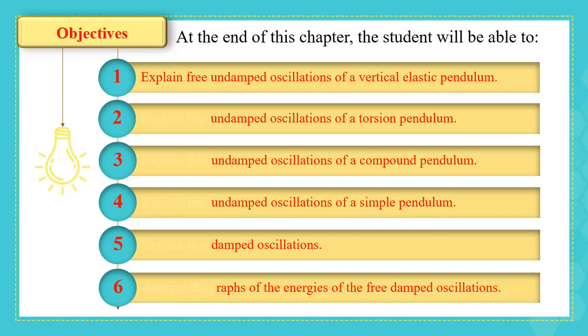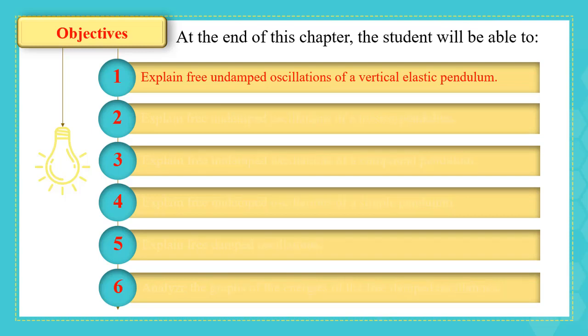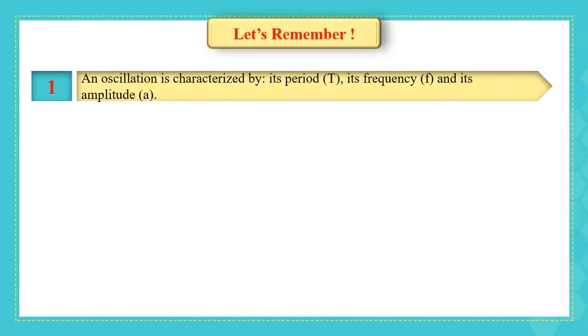In this video, we are going to explain free undamped oscillations of a vertical elastic pendulum. Let's remember first that we have mentioned in the first part of mechanical oscillations that an oscillation is characterized by its period, frequency, and amplitude.